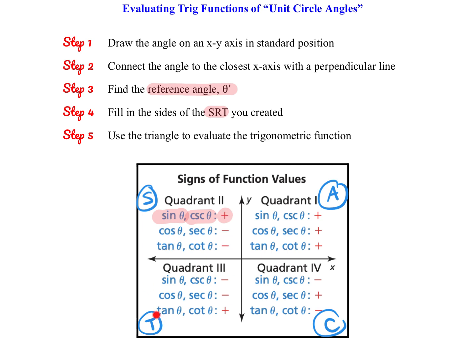Now in quadrant 3, we have a T. That tells us which is positive, so that must be tangent. So tangent is positive, which means cosine and sine are negative. And in quadrant 4, C tells us that cosine should be positive, meaning sine and tangent are negative. So we can use this to make sure that our answer has the correct sign and that our process was correct.